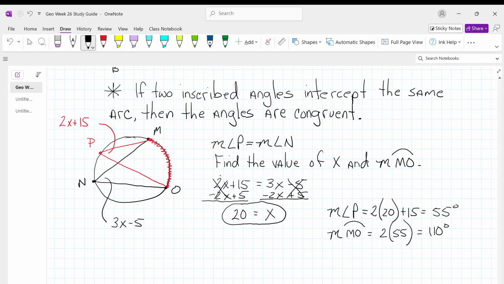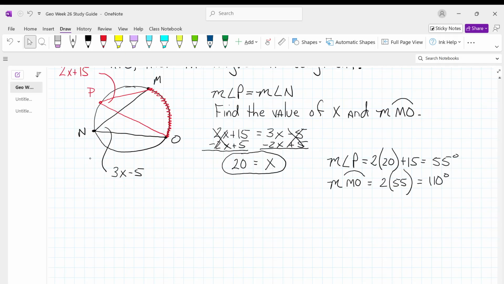All right, then your practice is going to be on page, starts on page 727. Problems 1 through 6.